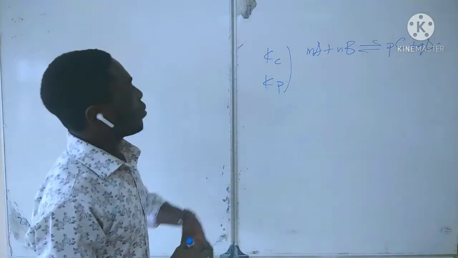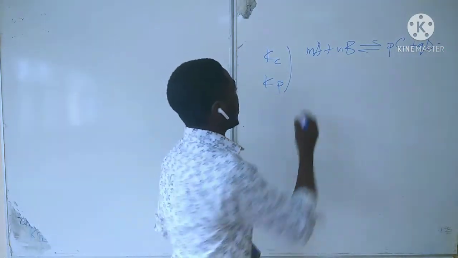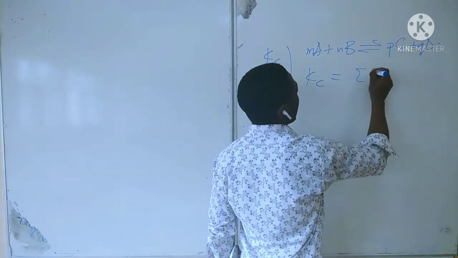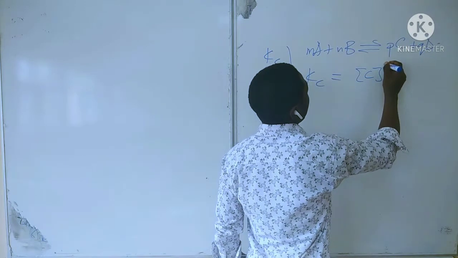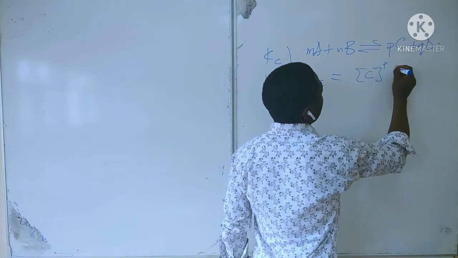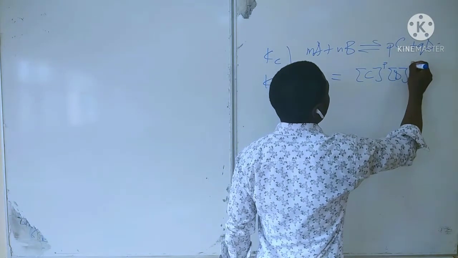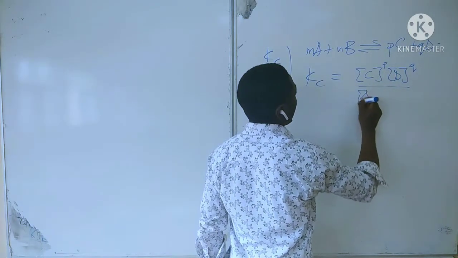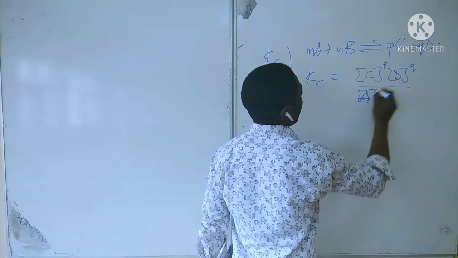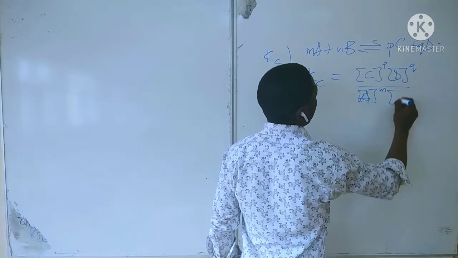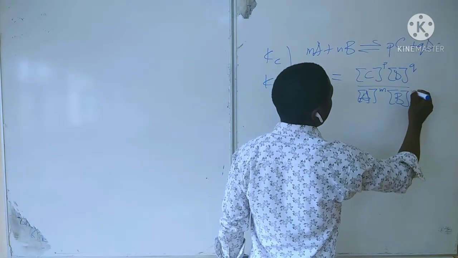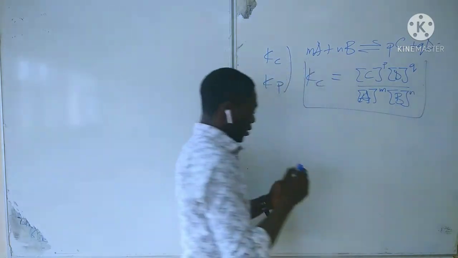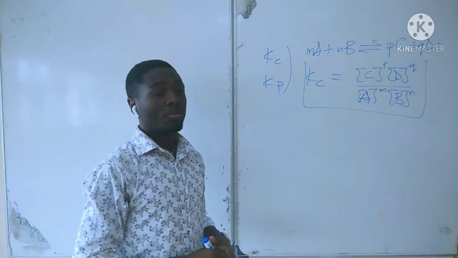Now Kc can be given as the concentration of C to the power p times the concentration of D to the power q, over the concentration of A to the power m times the concentration of B to the power n. So this is how you express the equilibrium constant.